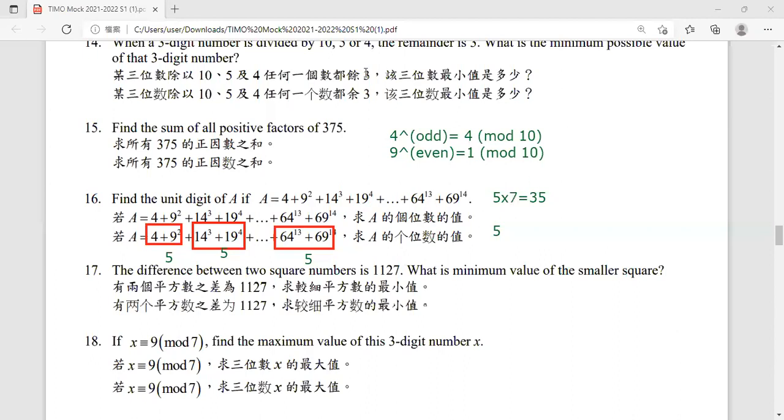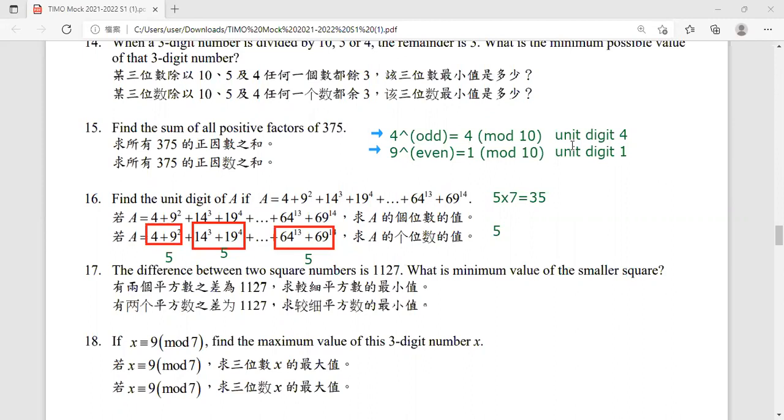Oh, okay. Now you have to take these two facts, which means that 4 more 10 means unit digit 4, and 1 more 10 means unit digit 1.